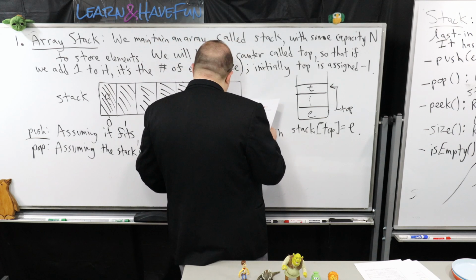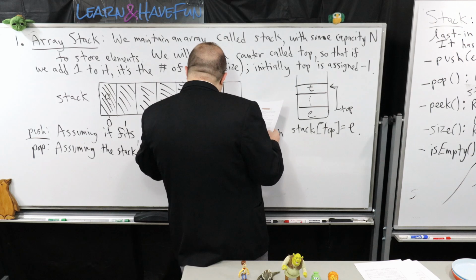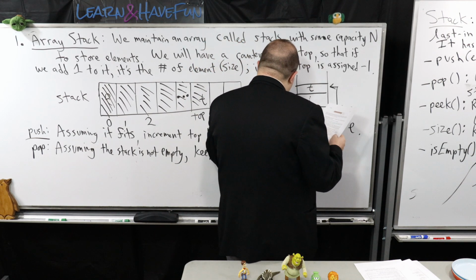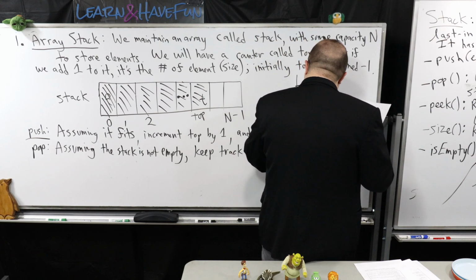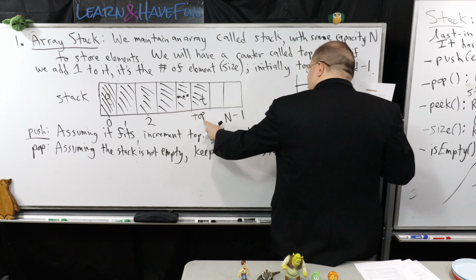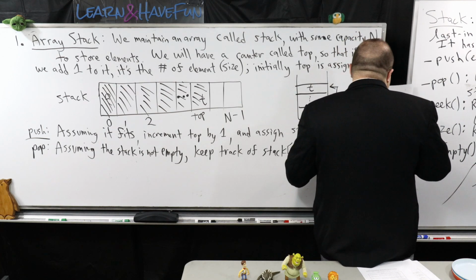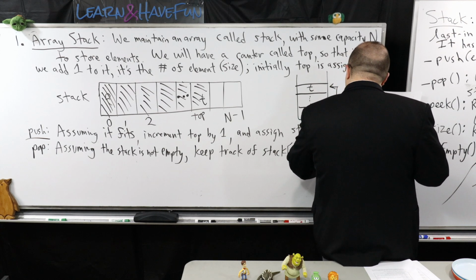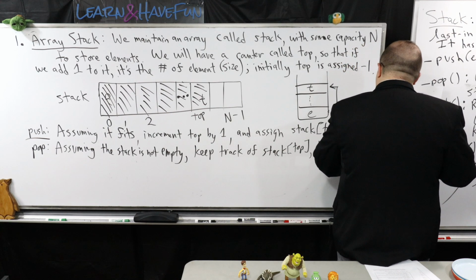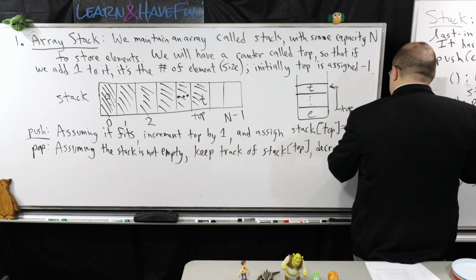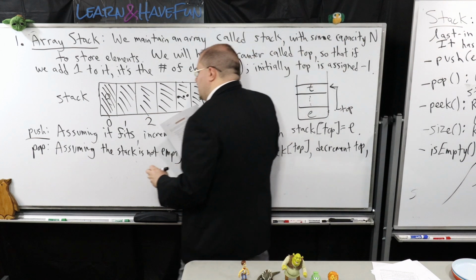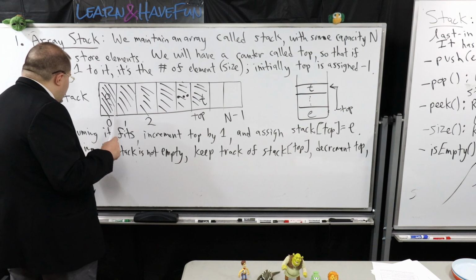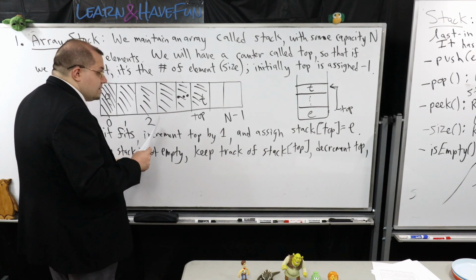If it's not empty, keep track of stack sub top, because that's currently the top of the stack. That's what this counter variable represents. You keep track of that, then you decrement top by 1, then return the top of the stack.